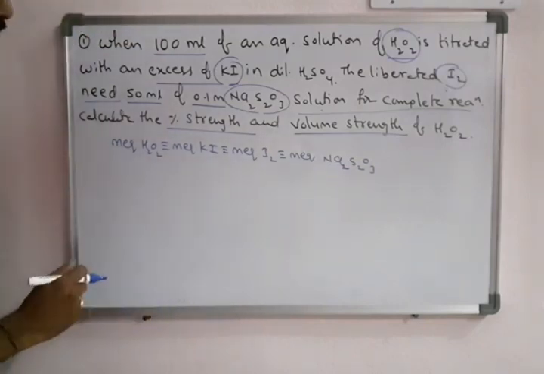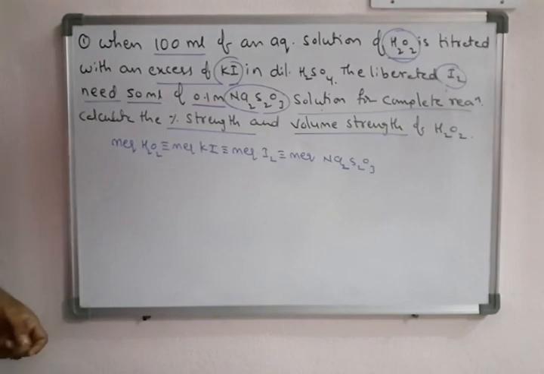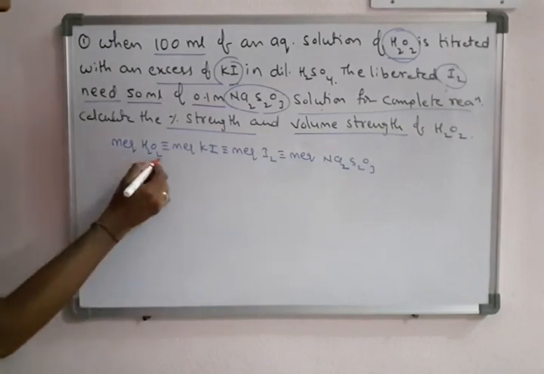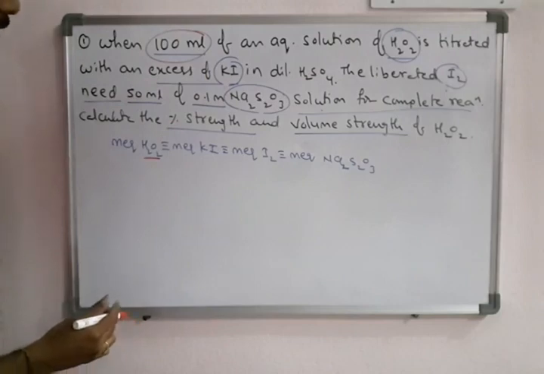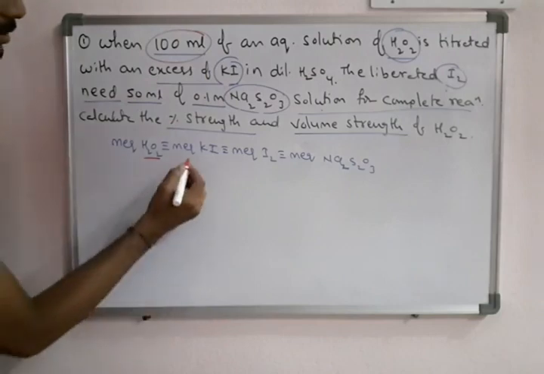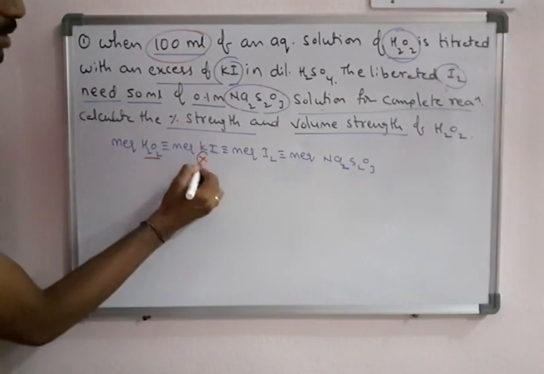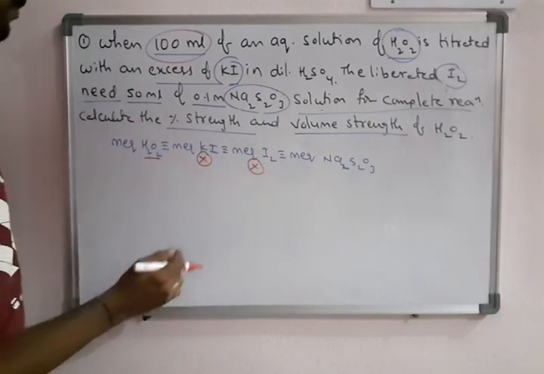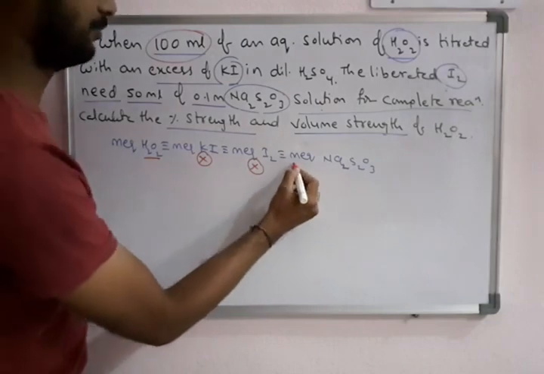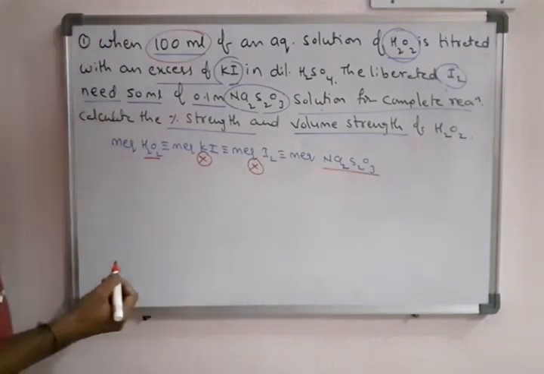But here information is given only about hydrogen peroxide, the 100 milliliters of hydrogen peroxide, and there is no information about iodide or iodine, but the information is given about sodium thiosulfate.